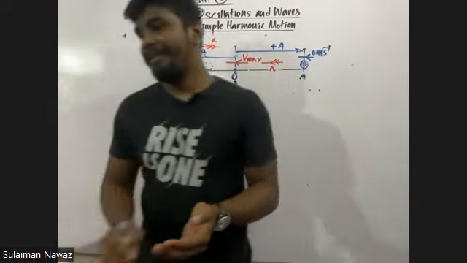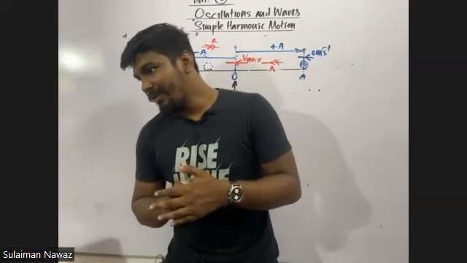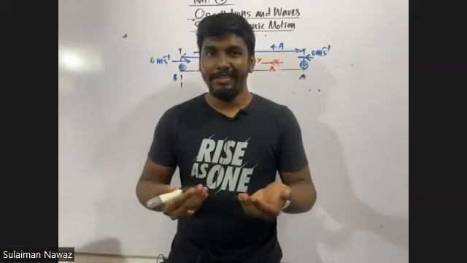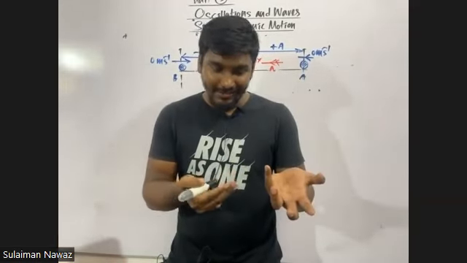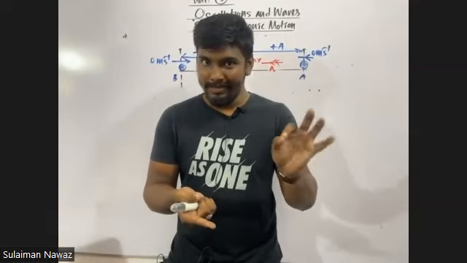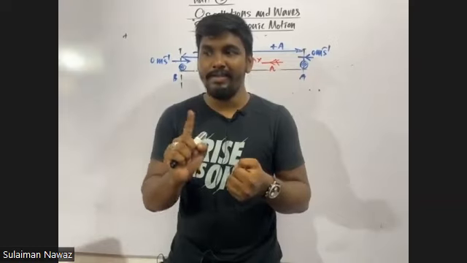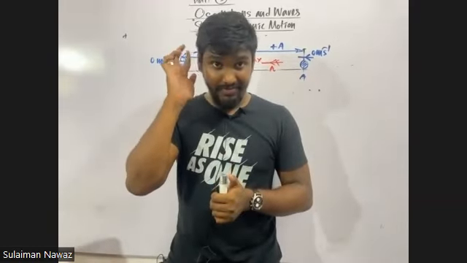Yes, 1 second. Because f means the number of oscillations in 1 second. In order to complete simple f number of oscillations, the time taken is 1 second. Equals 1 second.